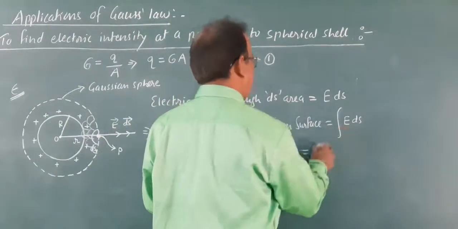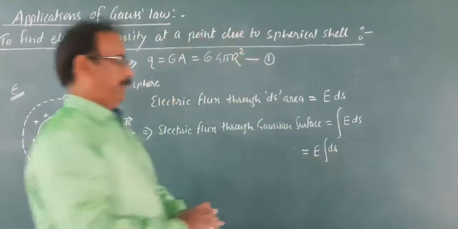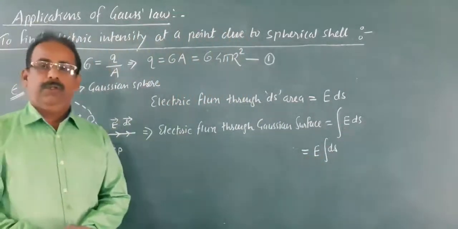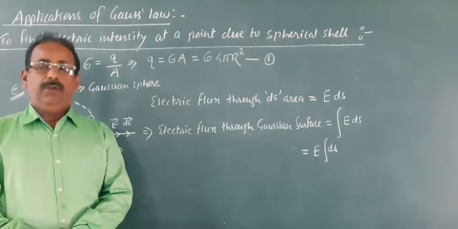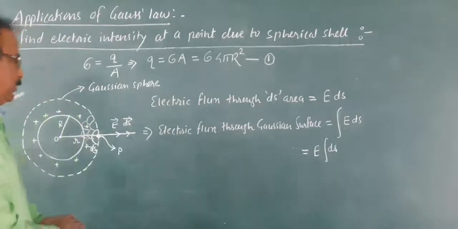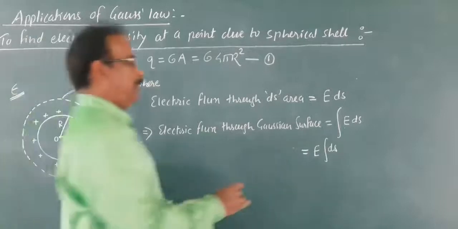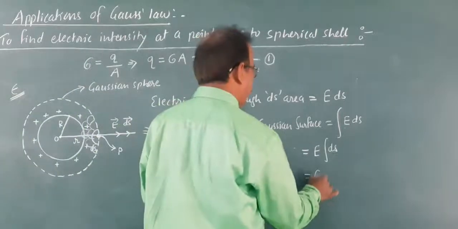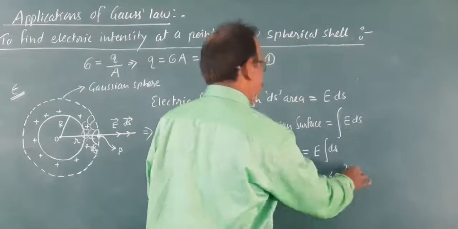E is constant, therefore it will come out of integration. In integration you will get ds only. What is the integration of ds? The integration of ds comes equal to the area of this Gaussian sphere, which is 4 pi r square.